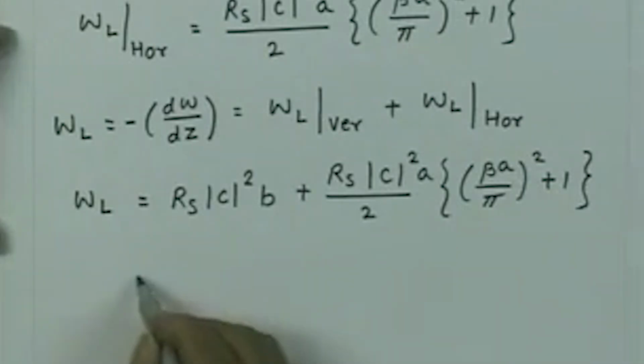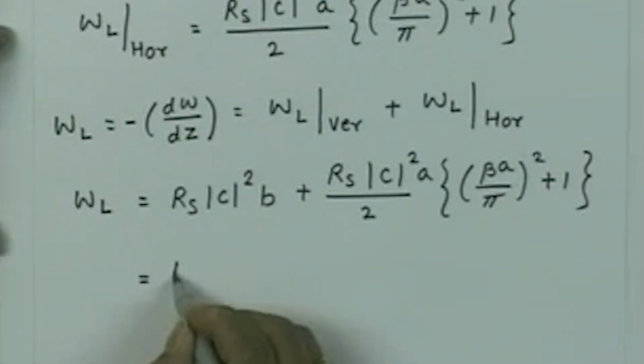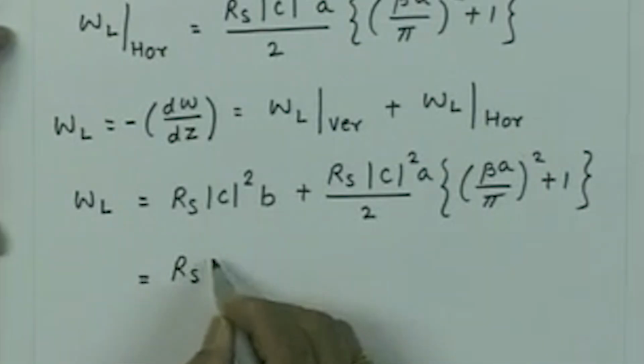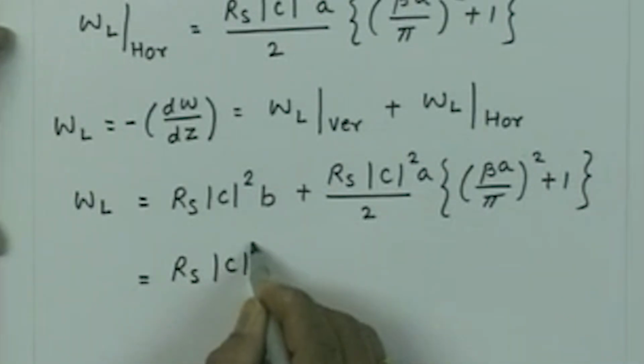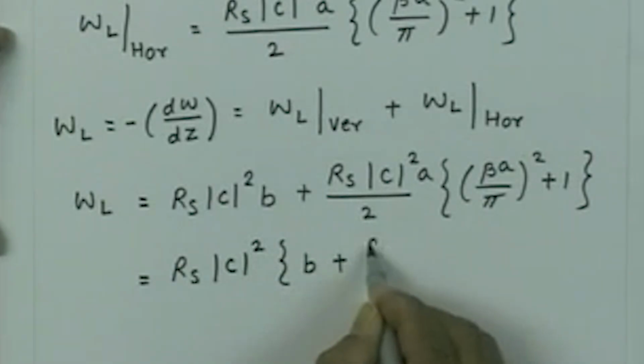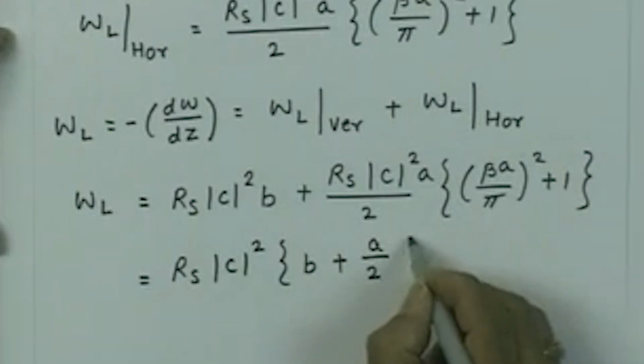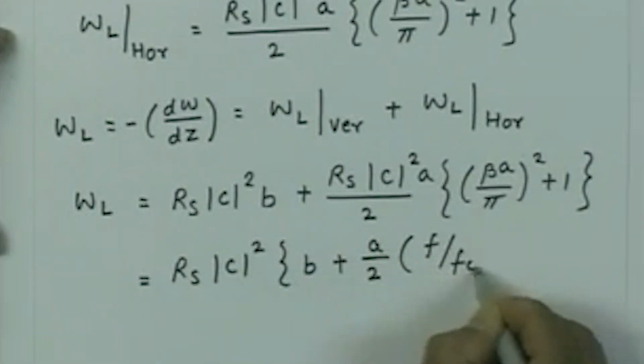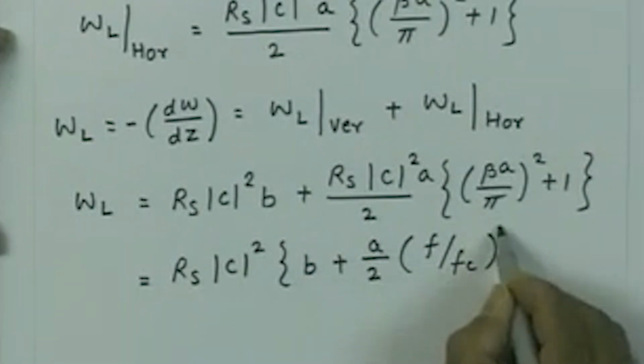So, if I do some rearrangement and write this expression, this loss is Rs |C|^2 [b plus a upon 2 into (f upon fc) whole square].